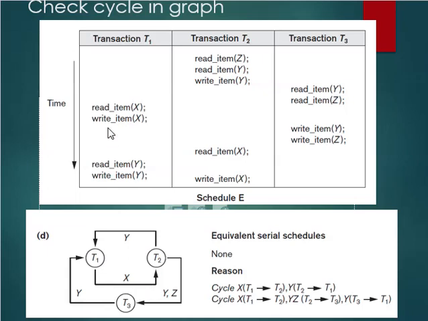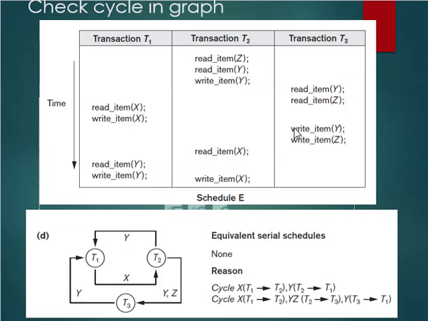The next operation is write item of x, and we can see that we already plotted the edge for that. T1 to T2 there is a conflict, write item of x and write item of x, so we already plotted T1 to T2 with data item x. The next operation is write item y in transaction T3.